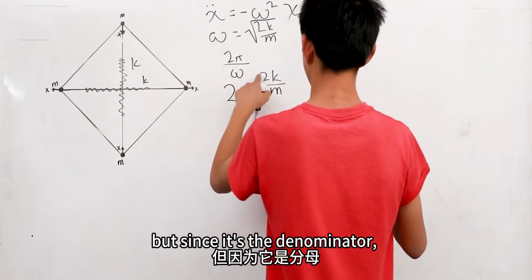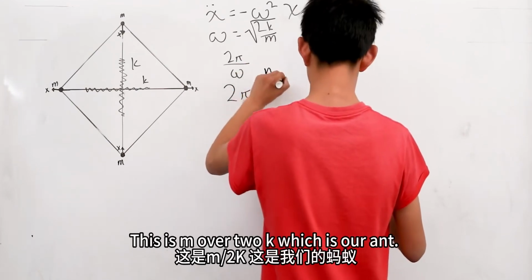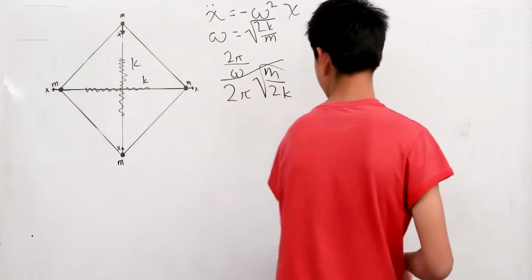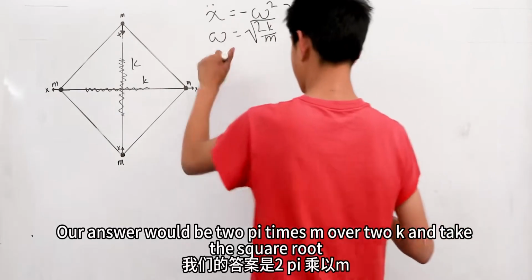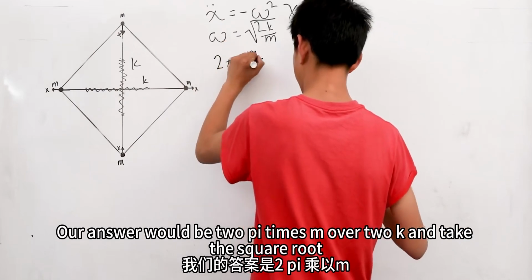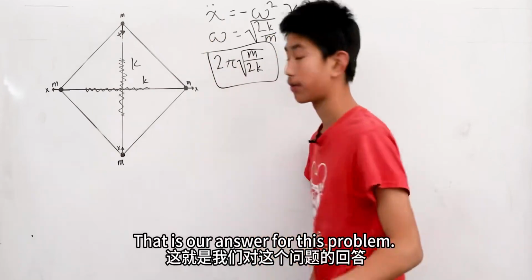But since it's the denominator, these are reversed. So this is m over 2k, which is our answer. So our answer would be 2 pi times the square root of m over 2k. So that is our answer for this problem.